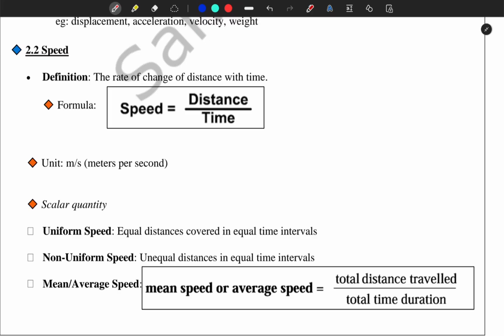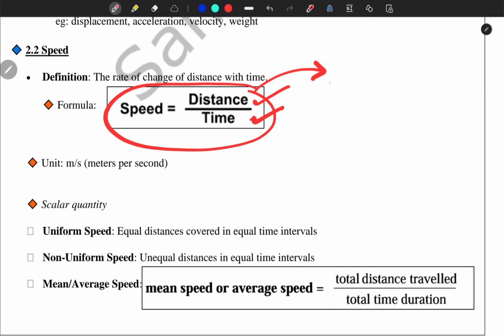So speed can be calculated with this equation. It is the distance divided by time, right? You know the unit of the distance. Distance we measured in meters, which is the standard unit, right? It doesn't mean that the speed only can be calculated with the meters and the time measured with the seconds, only with that.